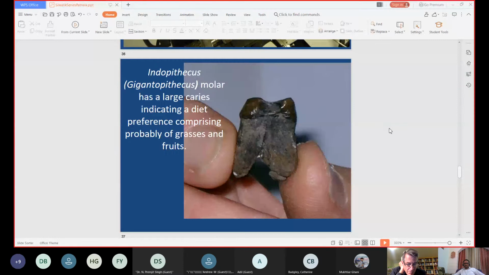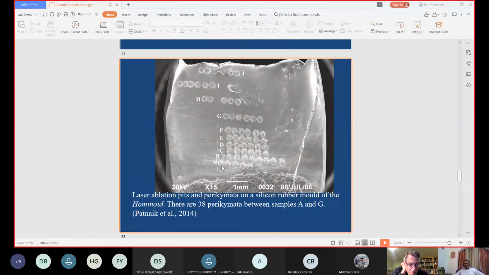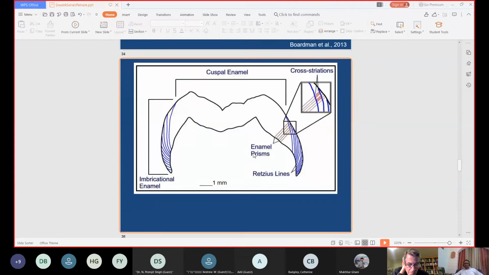So I took this tooth, bombarded it with laser ablation, and also counted the growth lines. Each growth line represented some 10 to 12 days, which is also called a perikymata, and each perikyma is further divided into cross striations, as shown in this figure. This is a section of a tooth where these growth lines end up on the enamel surface.